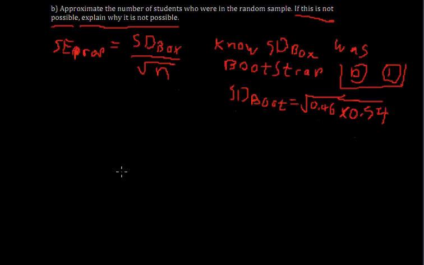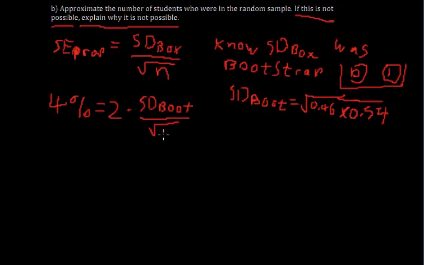So we know that 4% equals 2 times SD box, which is the bootstrap, so I'm going to write boot from now on, divided by square root of n. We'll change 4% to 0.04 because this is in units of proportion, not percent.